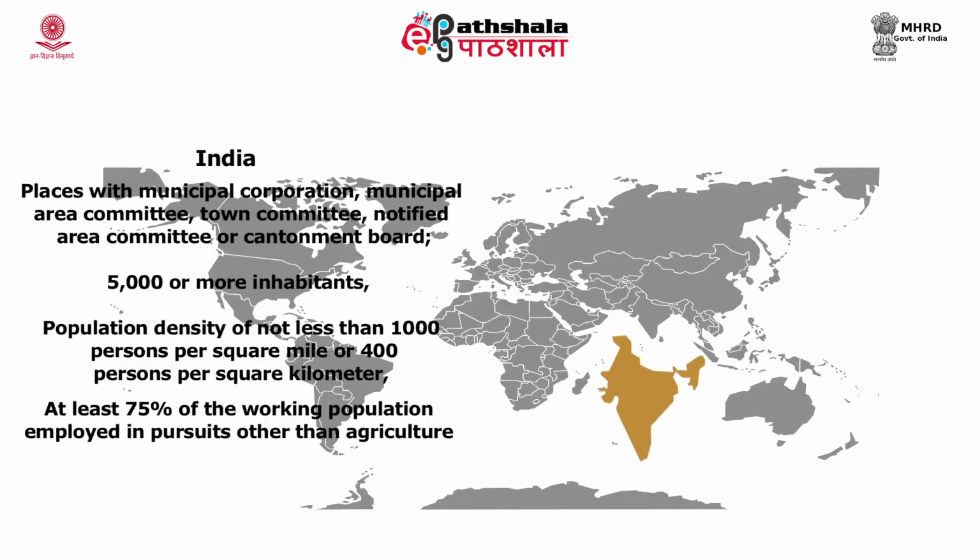Urban areas are defined as places with a municipal corporation, municipal area committee, town committee, notified area committee or cantonment board. This depends upon the scale of the city. And then 5,000 or more inhabitants, a population density of not less than 1,000 persons per square mile or 400 persons per square kilometer, and at least 75% of the working population employed in pursuits other than agriculture, that is in either the secondary or tertiary sector.